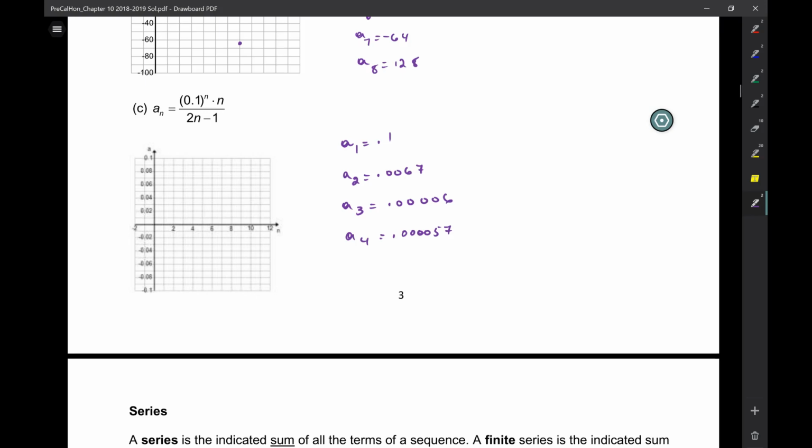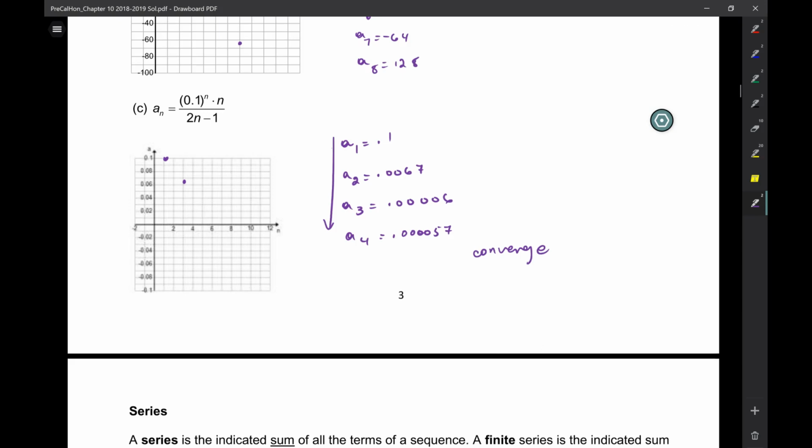It starts with 0.1, and then it goes to like 0.067, and then eventually it's going down. As n is increasing, what's happening here? It looks like it's getting closer to 0. So this is one that's going to converge.